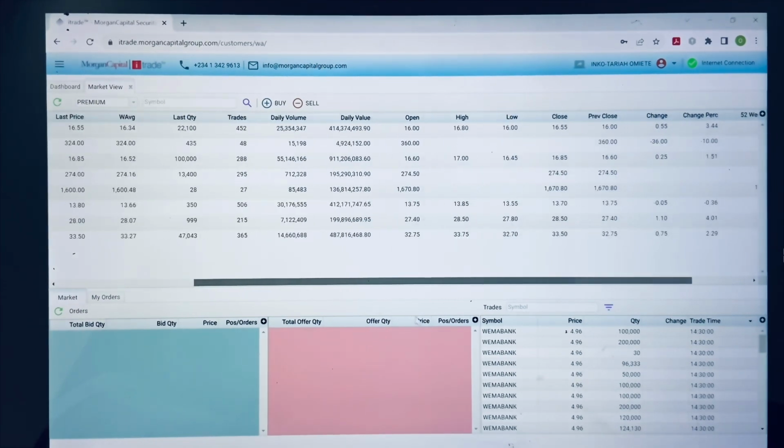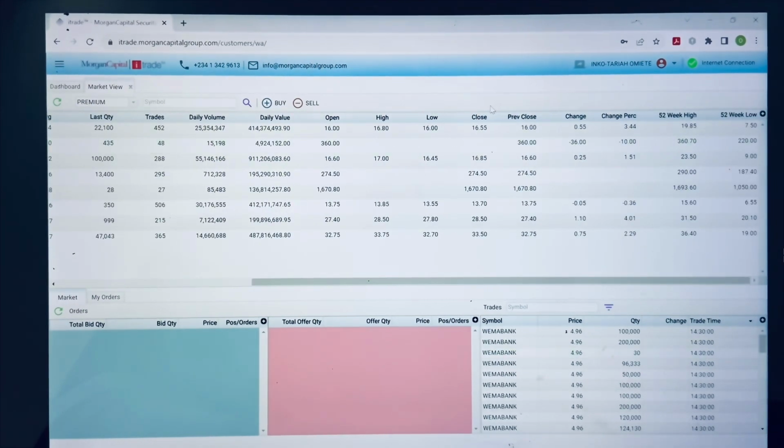So all of this tells you the details of what is happening here, and then that's not all. I will still scroll down to take you up to the last. So after closing price, you have previous close. Previous close was the beginning for the day. Okay, so previous closing price is what we have as reference price before trading started today, and then change is the amount gained per share.